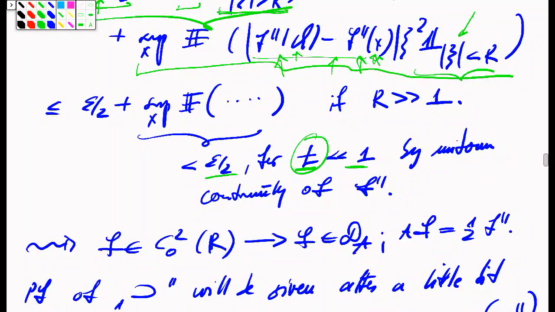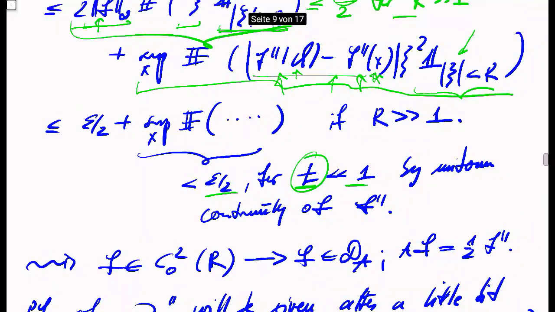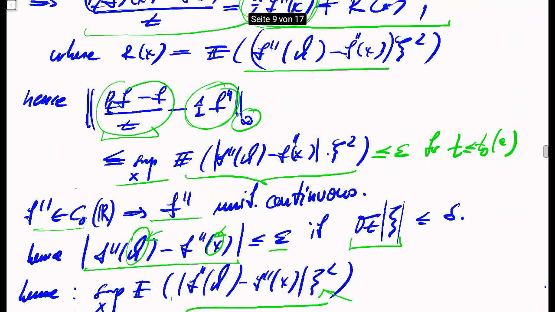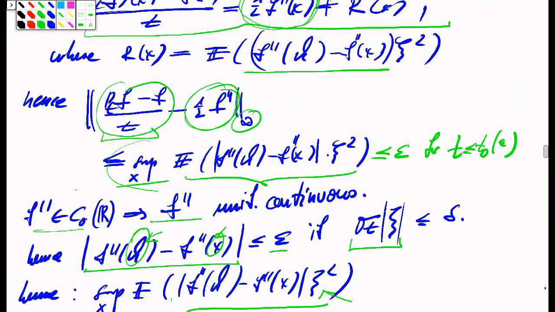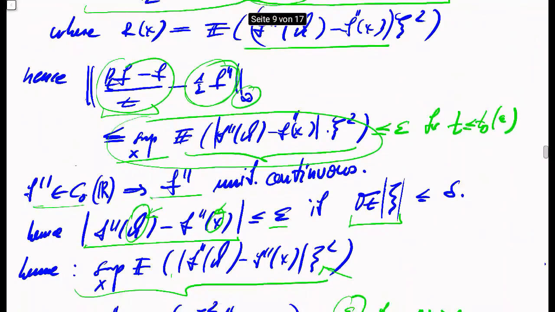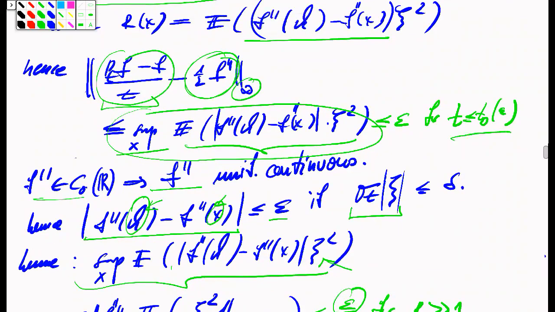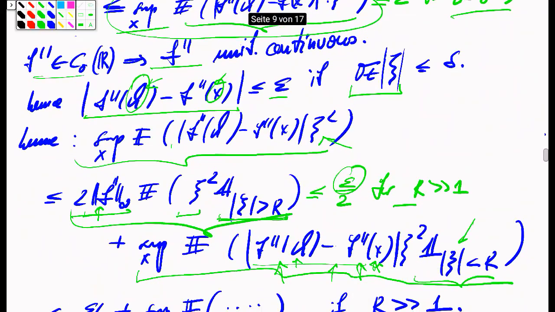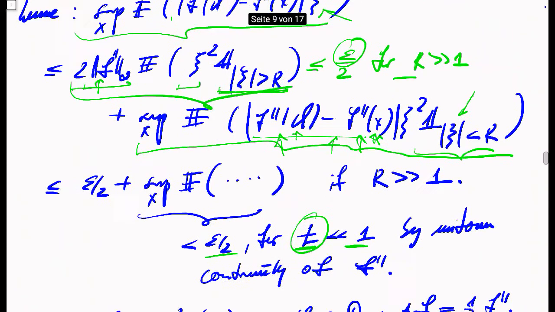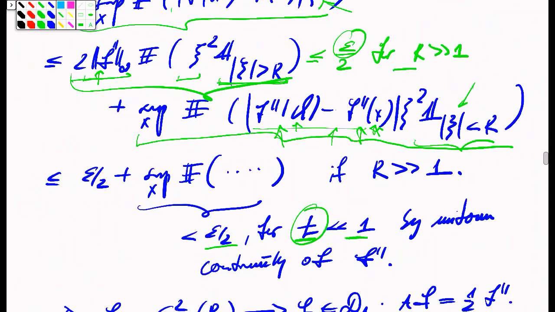And altogether I found a t which is sufficiently small, and for all smaller t, such that this error bound, or the error on the right hand side, which was this quantity here, is in fact smaller or equal to epsilon for all t less or equal than t naught of epsilon, which is exactly the statement that I was trying to obtain.